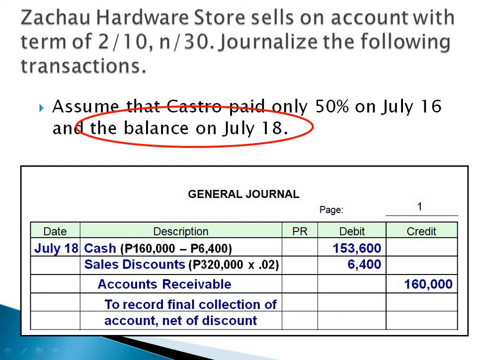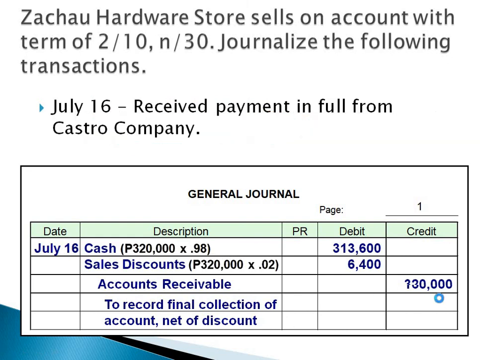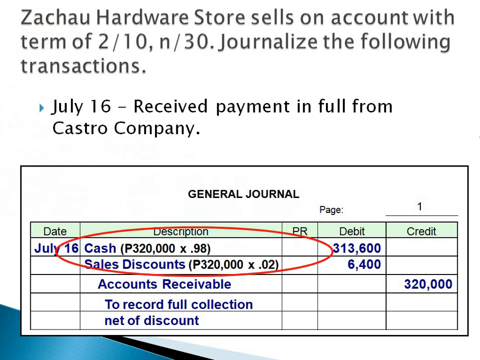Before ending this lecture, let me just point out something very important. In computing for the cash here, be very careful not to commit the mistake of multiplying 98% or 0.98 by 320,000 or even by 160,000, like what we did in part 3 of this video series for the original July 16 transaction.